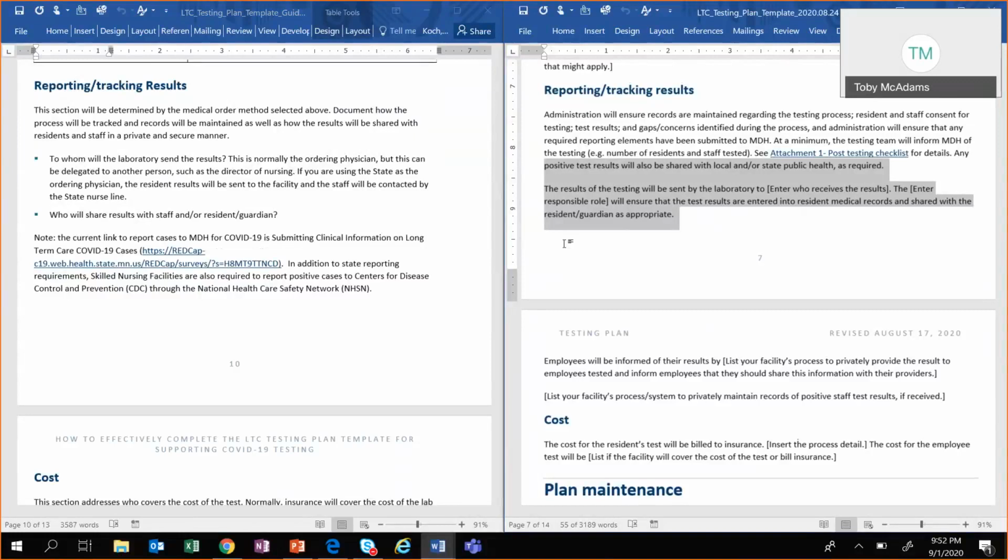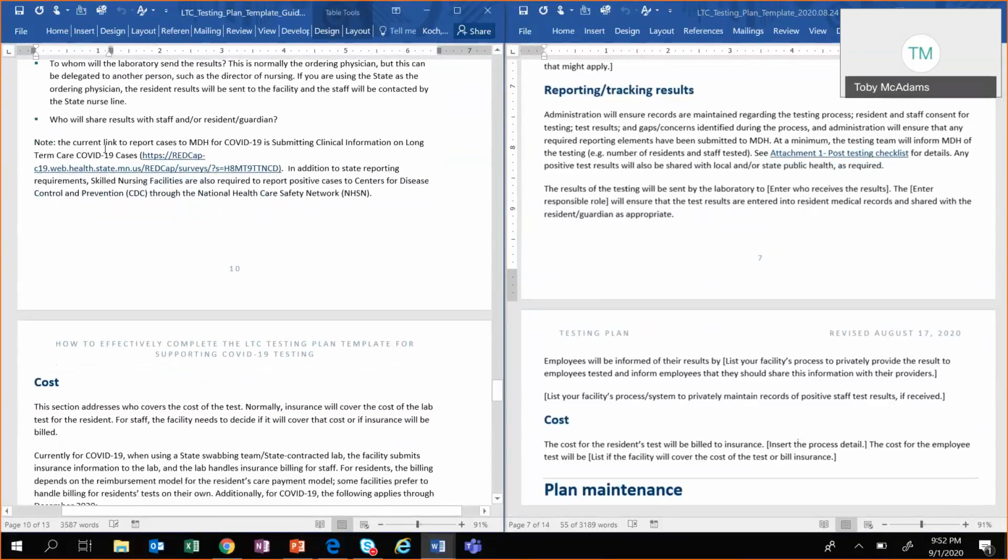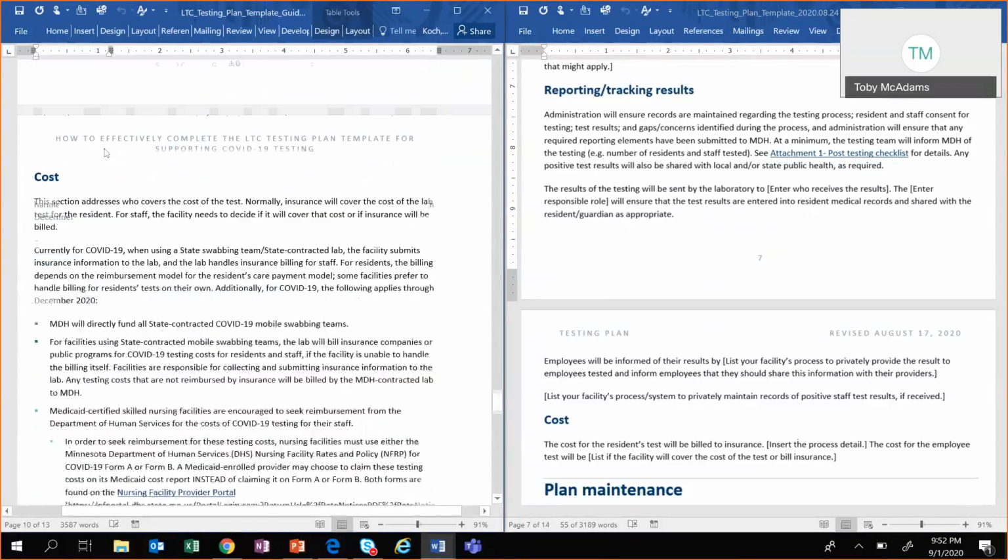How will that pan out for your facility? So be thinking about that. There is also some information on our MDH website regarding refusals. So I highly recommend you check that information out.